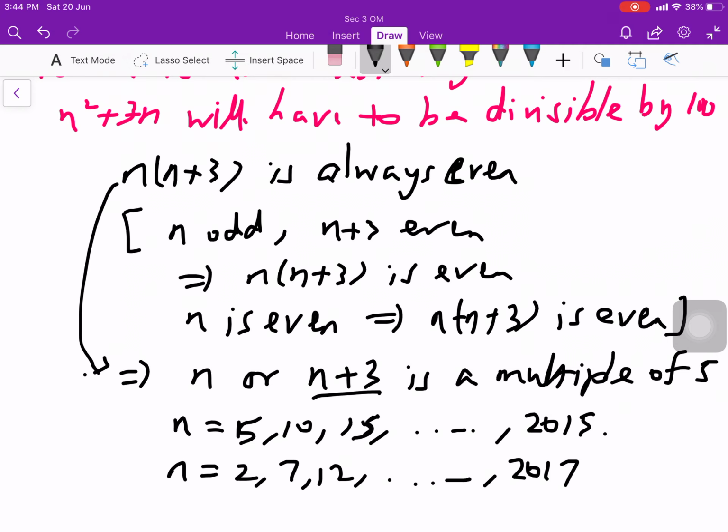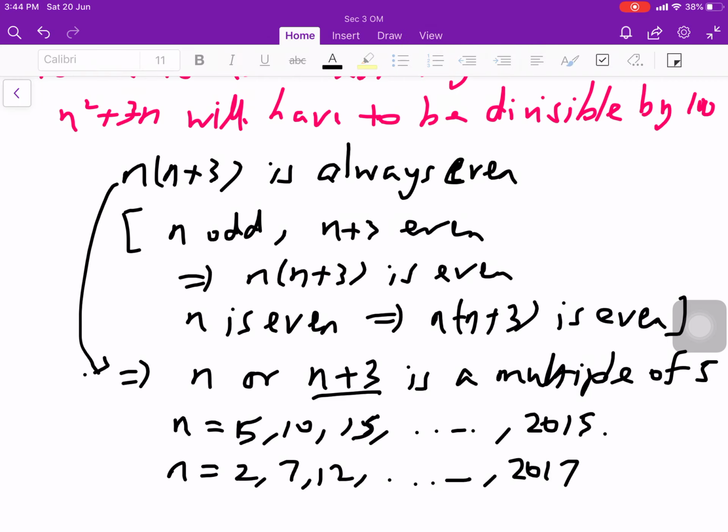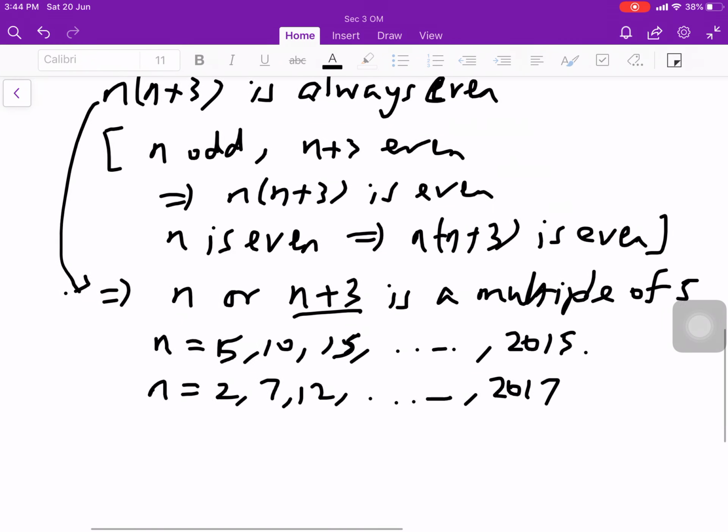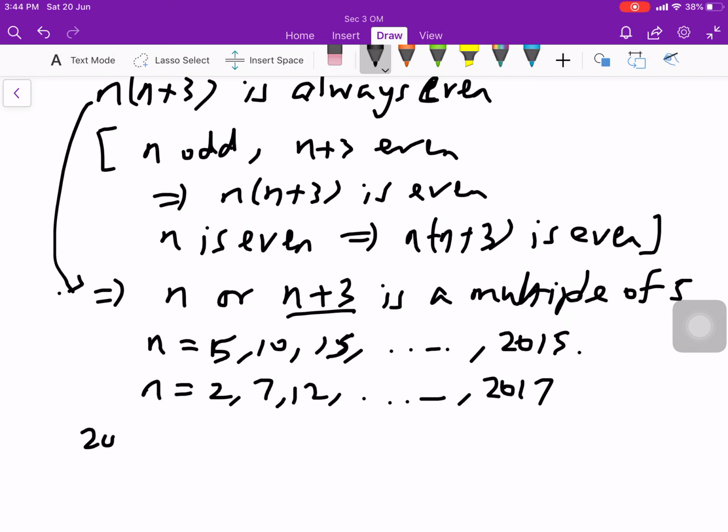For 5, 10, 15, all the way to 2015, how many numbers are there? You can do a quick division: 2015 divided by 5 will give you 403.